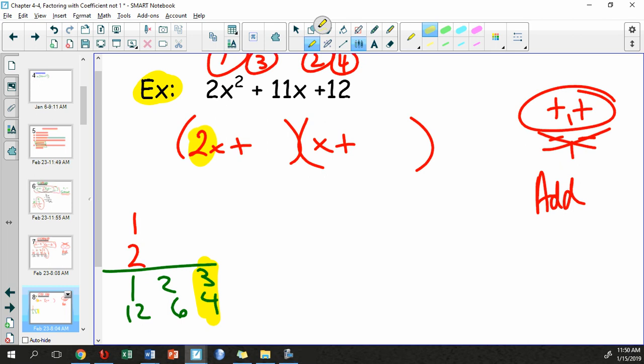No, which means I cannot put numbers in either one of these places where I could have a potential GCF.